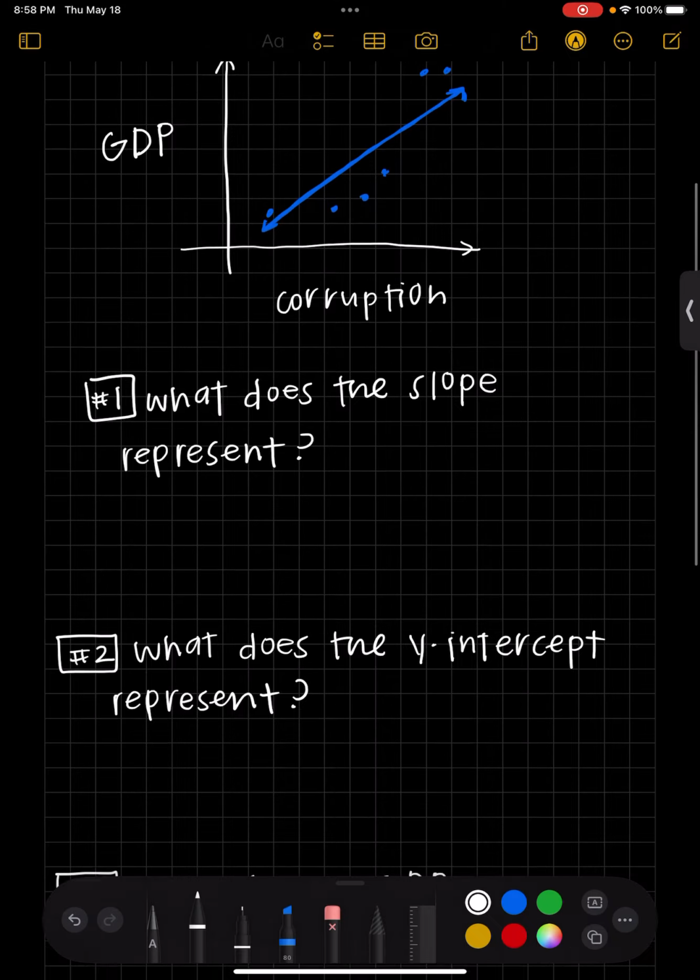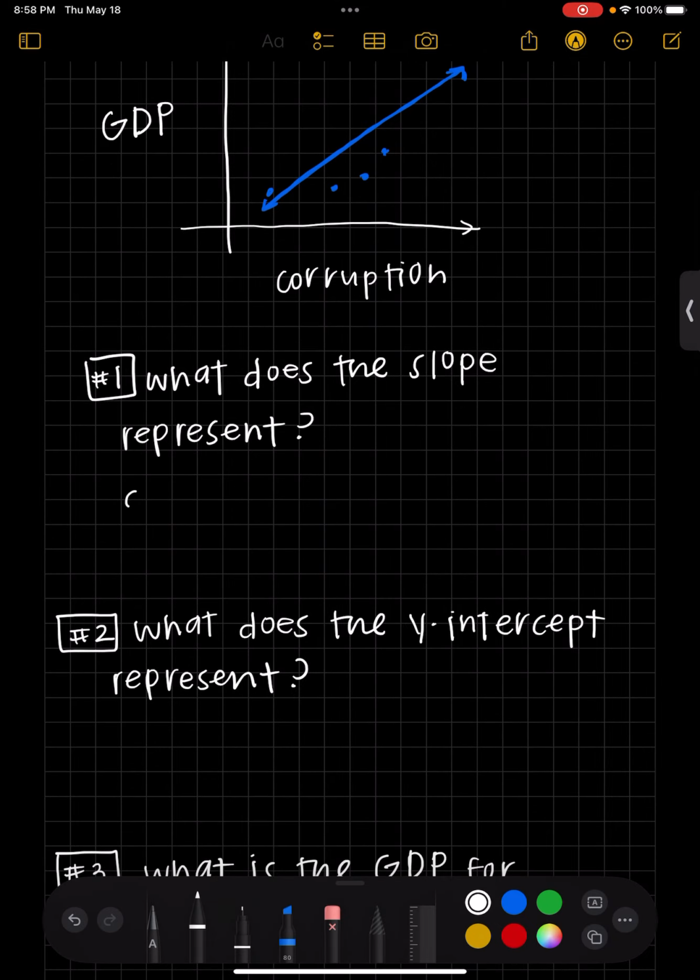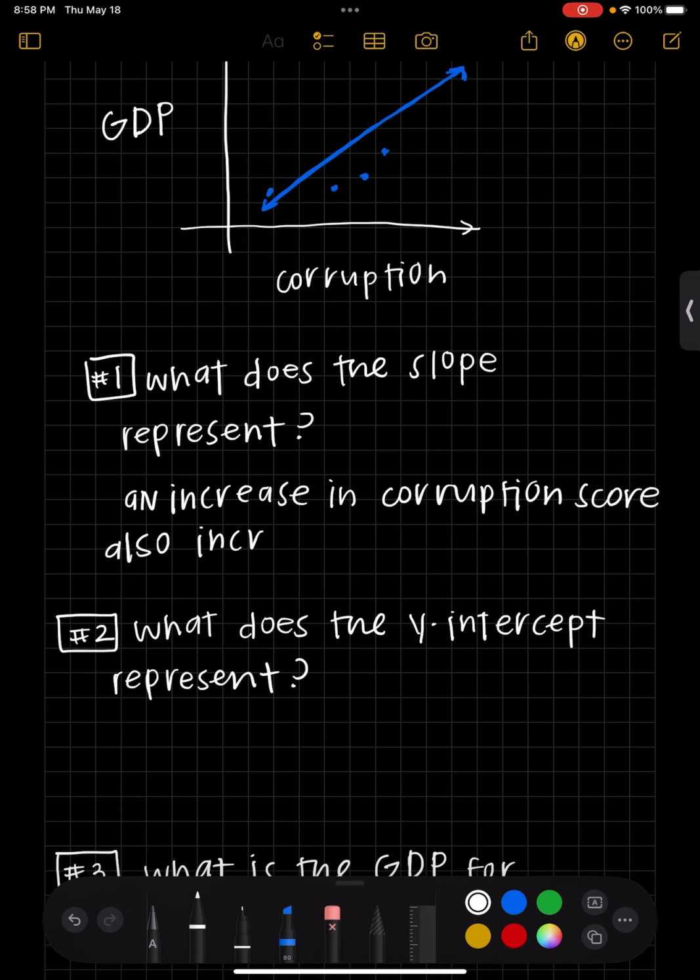But what I do want you to be able to say is that an increase in corruption score also increases GDP.